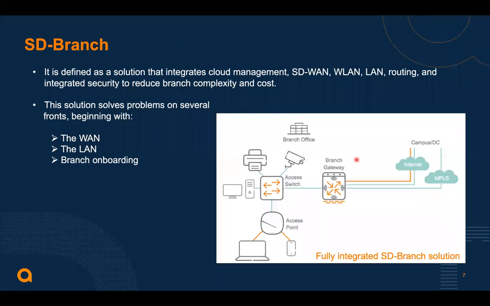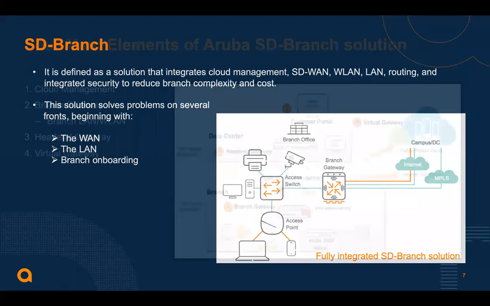And all the downlink traffic, say an access switch where our surveillance cameras, or printers, or servers are connected, or any sort of access points, that is IAPs that are serving wireless clients, all the traffic that is intended towards the corporate could be separately sent, and all the traffic that is intended to the internet could also be segregated. All that can be done with the SD-Branch solution.